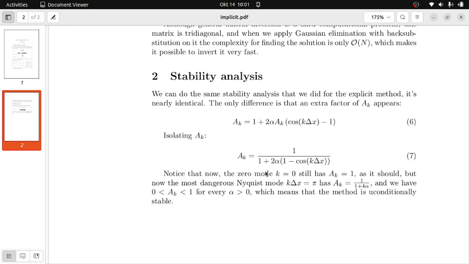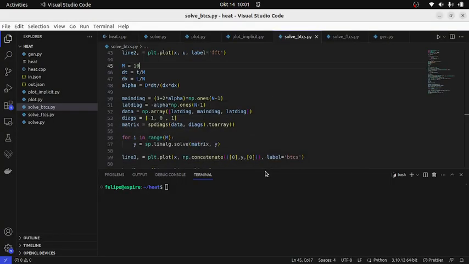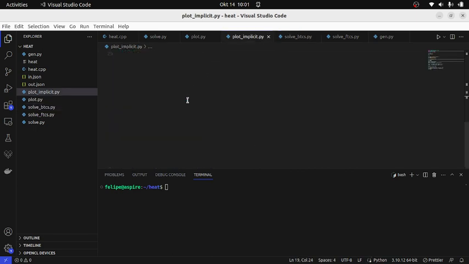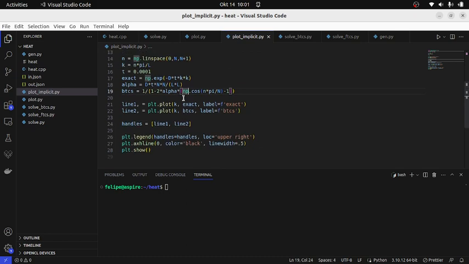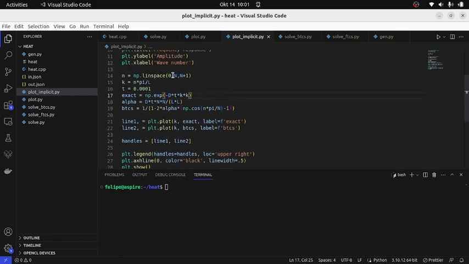Very useful. So now if we go to our code, first I will plot this, just to show what I'm doing. I am here plotting the frequency response, the same thing that I did for the explicit one. There's the exact one, which is this exponential, and the BTCS frequency here, right?